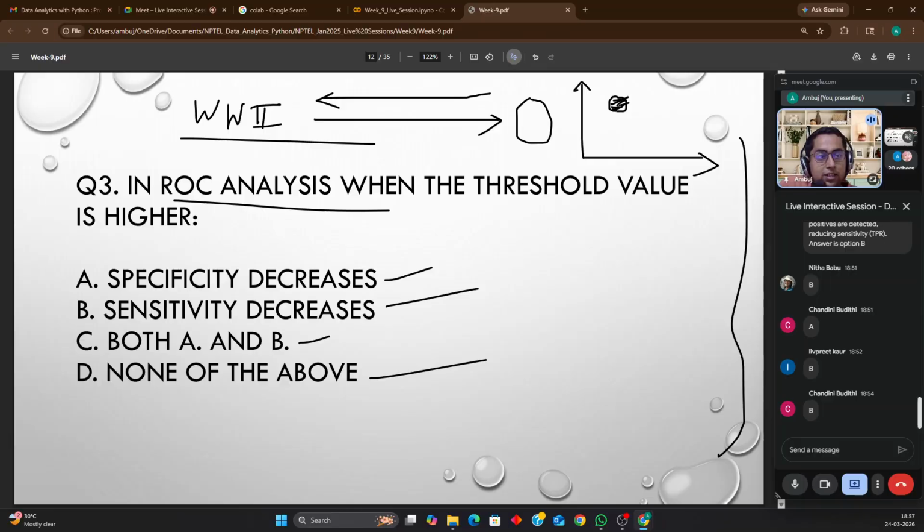And from there only, ROC, receiver operating characteristics, came into picture. It will try to give you an idea about classification. Classification of objects came first from World War II.